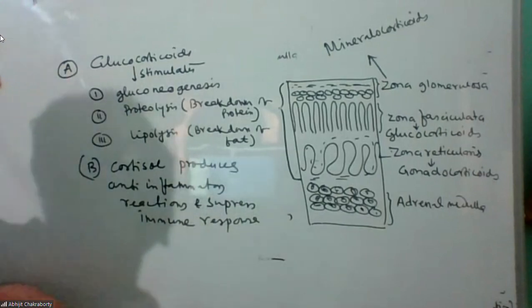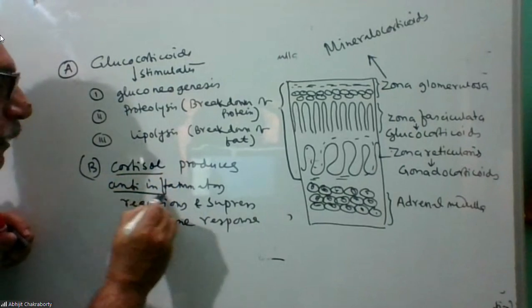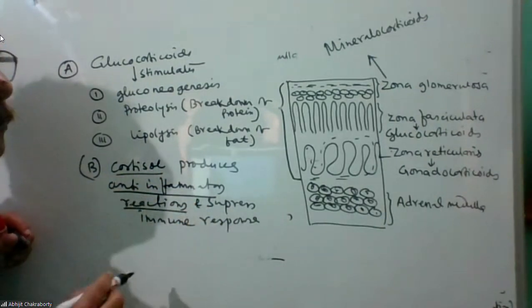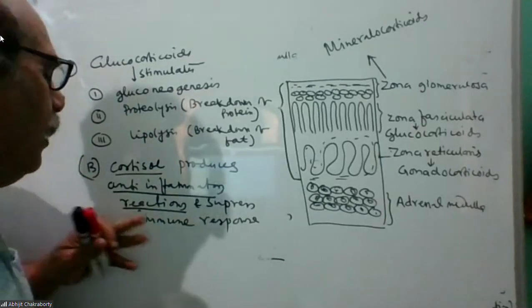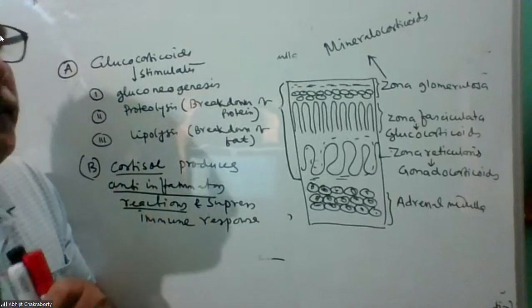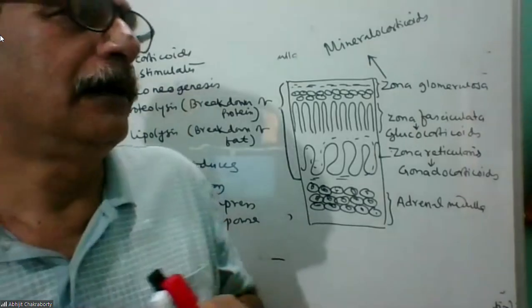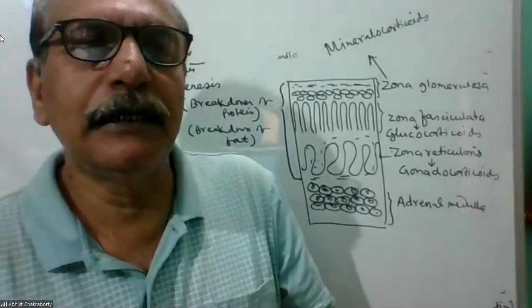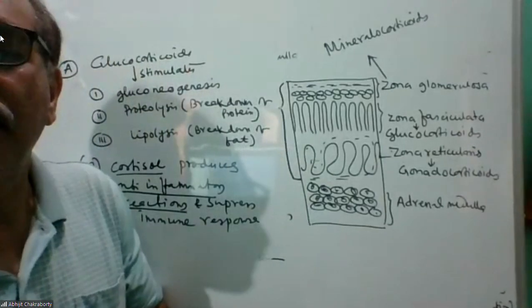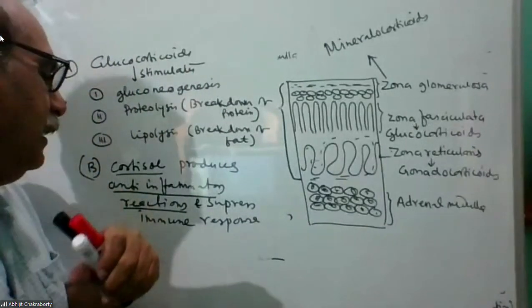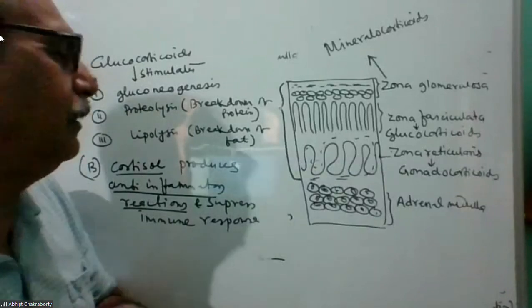Glucocorticoid is used in the injection form. Cortisol is mainly used because it has anti-inflammatory reactions. It decreases the number of mast cells, because mast cells secrete histamine, and it also decreases the secretion of histamine. So it produces anti-inflammatory function by decreasing the number of mast cells.